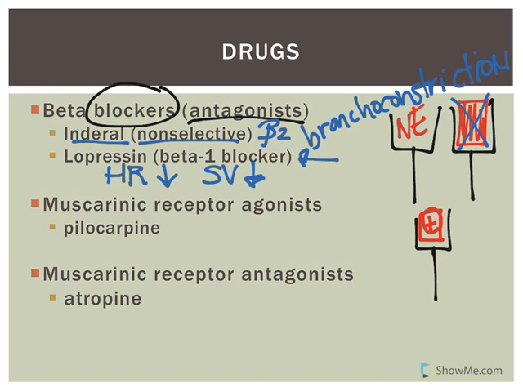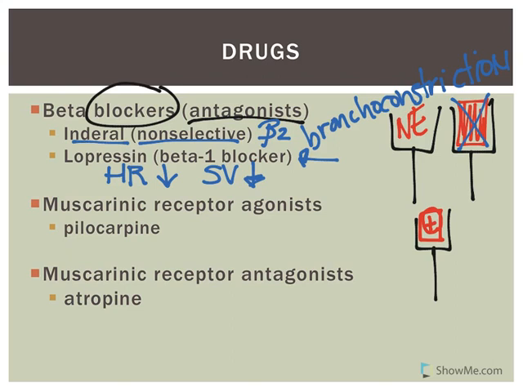It would stimulate that receptor, so it would have the same effect as if the neurotransmitter was binding to it. So a beta adrenergic receptor agonist would increase heart rate, because it binds to the beta-1 adrenergic receptor. If it bound to the beta-2 adrenergic receptor, it would cause bronchodilation. Okay, so agonists have the same effects as if the normal thing that bound to that receptor would.